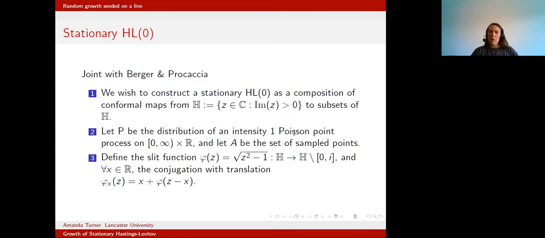And then lastly, we just need to get things going. We need a mapping corresponding to a single particle. Let's just attach it at the point 0. And one nice thing about the upper half plane is that it's very easy to write down a mapping which takes the upper half plane to the upper half plane without the bit of the imaginary axis from 0 to i, corresponding to a slit of length 1.